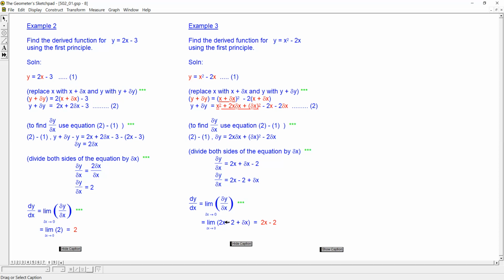So here, this one is no delta x, this one got no delta x, this one delta x. So delta x, you make it 0. So when you make this thing 0, you are left with these two, 2x minus 2. So this 2x minus 2 is dy over dx. No longer delta y over delta x, it's dy over dx.